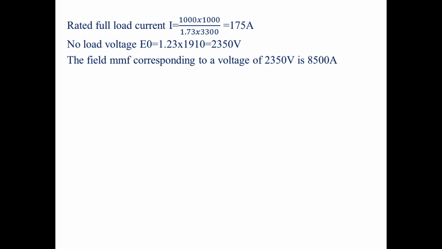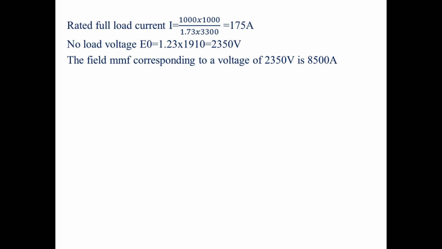So 1000 into 1000, we need to convert it into VA. 1000 into 1000 divided by root 3 into 3300 volt, converting into phase current. So rated full load current is 1000 kVA divided by root 3 into 3300. So you will be getting 175 amps is the rated full load current.